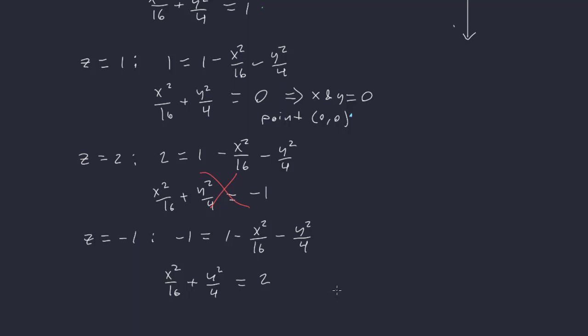Now, this is still an ellipse, it just doesn't look like it yet. Okay? When you divide by 2 on both sides, this gives us the ellipse x squared over 32 plus y squared over 8 is equal to 1.